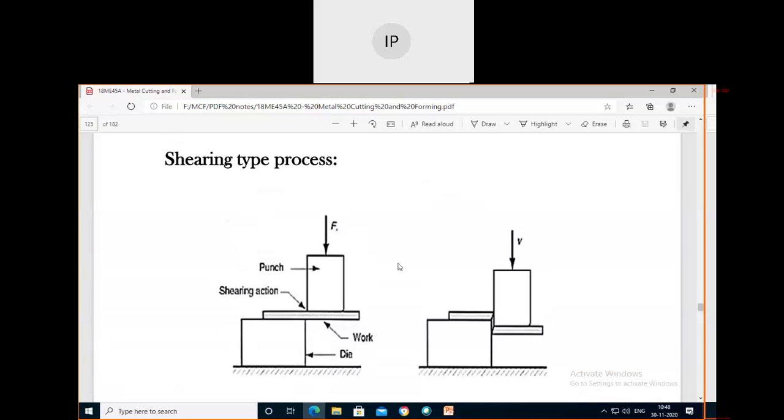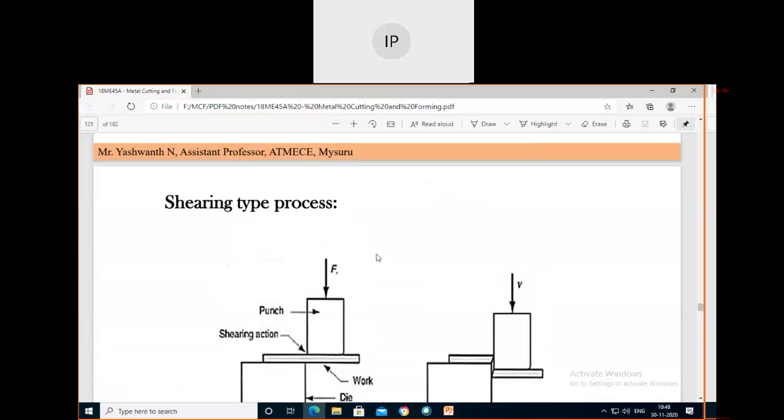These are some of the classifications of the metal forming process. This question will be asked in the exam many times, so just write down the questions here. What is meant by metal working or metal forming process?